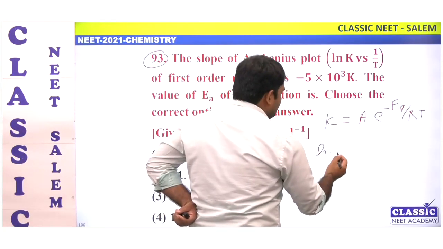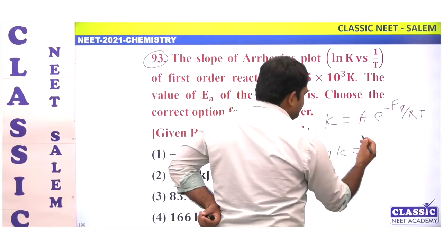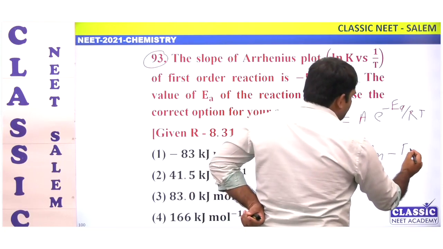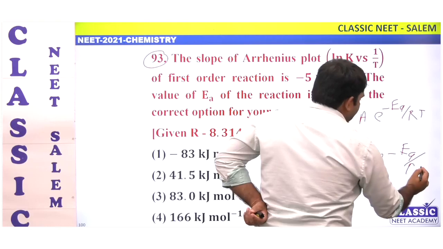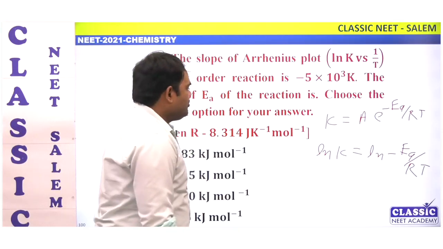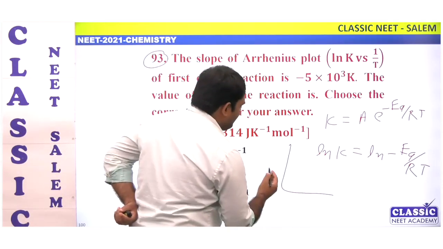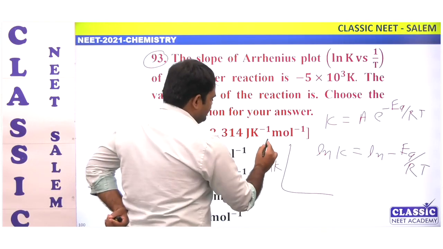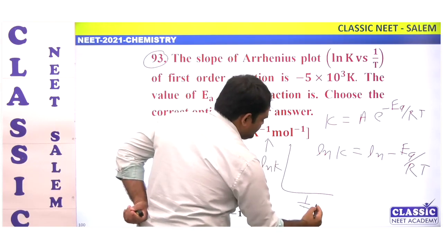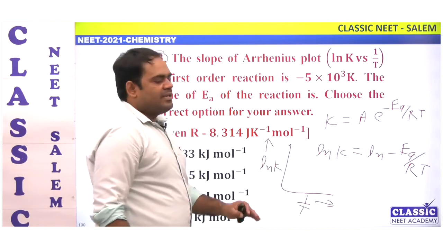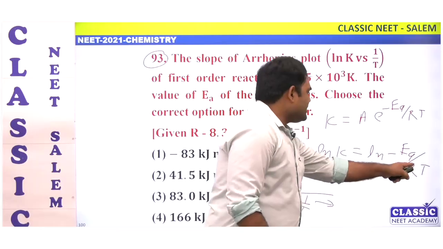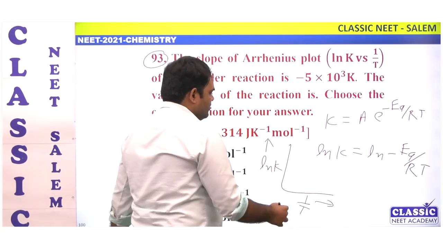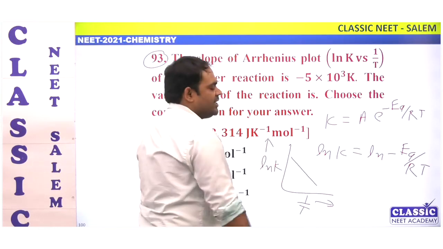When you take ln, ln K equals ln A minus Ea upon RT. We are going to plot the graph ln K versus 1 upon T. So which is coming as a slope? So minus Ea upon R is coming as the slope.